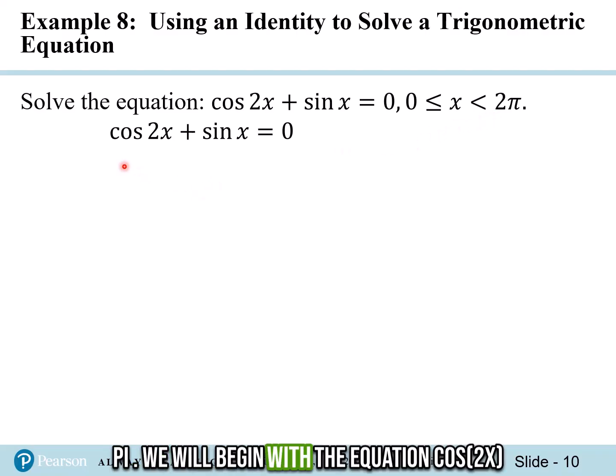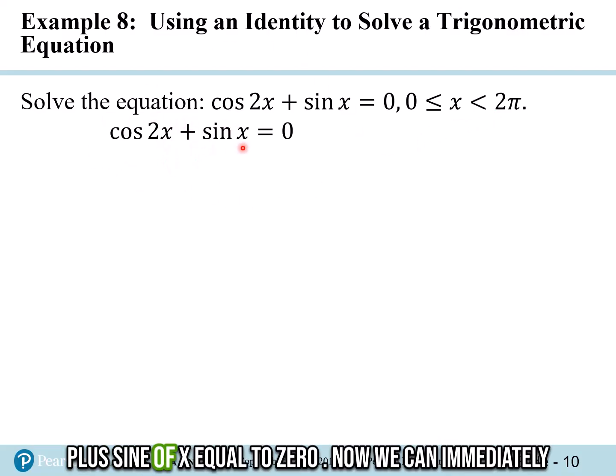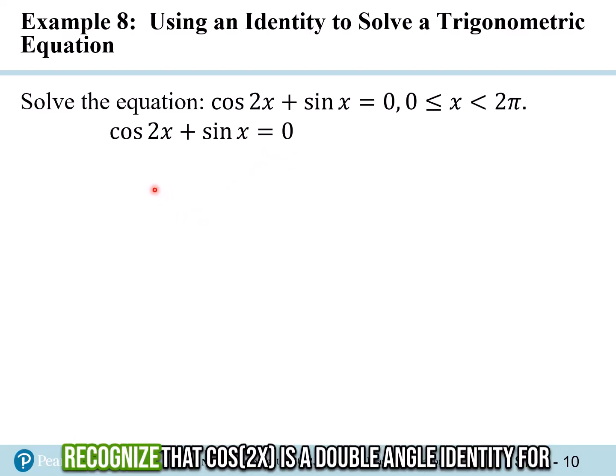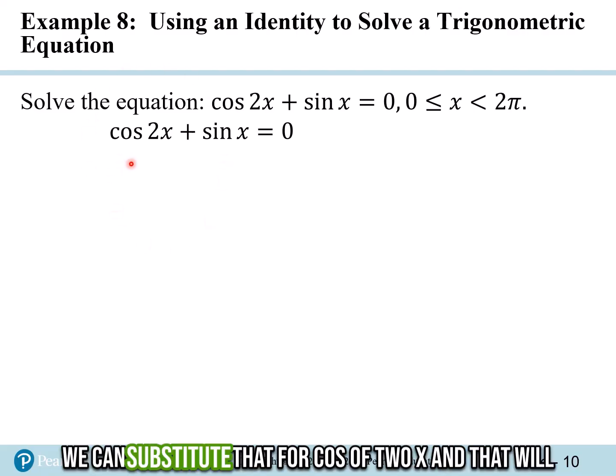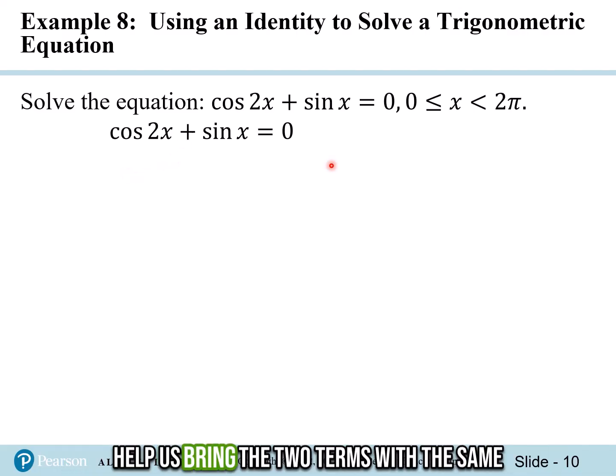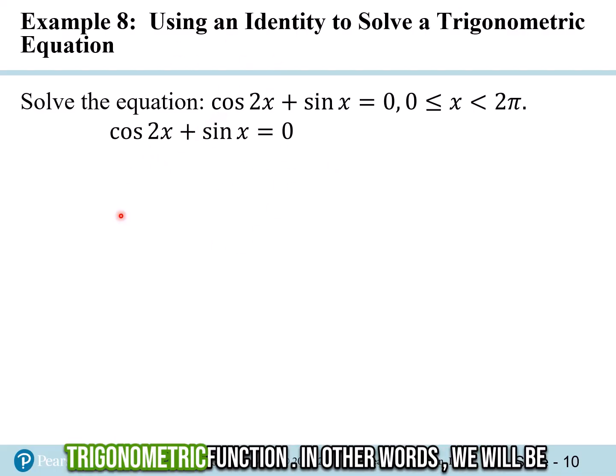We will begin with the equation cos of 2x plus sine of x equal to 0. Now we can immediately recognize that cos of 2x is a double angle identity for cosine. So if we can recall the formula for cos of 2x, we can substitute that for cos of 2x, and that will help us bring the two terms with the same trigonometric function.